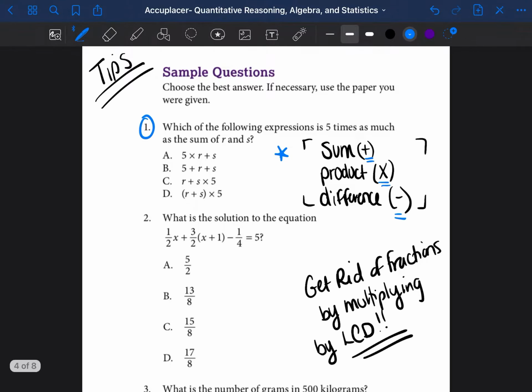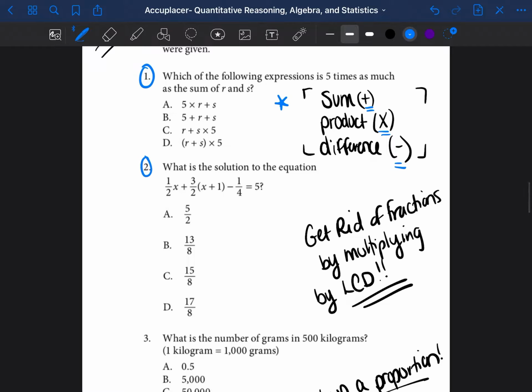So problem number 2, when you look at this equation, the main thing that usually intimidates students is they see fractions. And so in my previous video, we talked about the very first thing you should do when you see fractions in an equation is to try to get rid of those fractions. The way we can get rid of fractions is simply by finding the least common denominator.